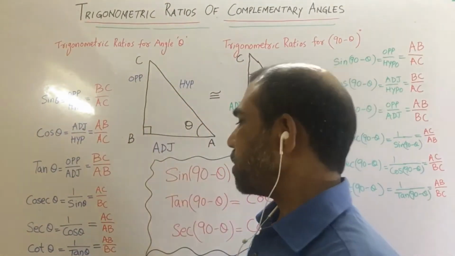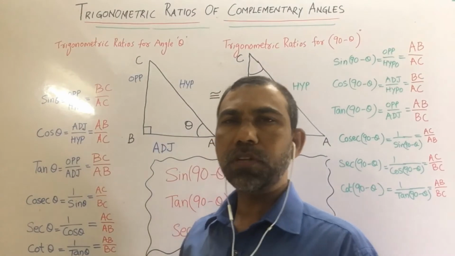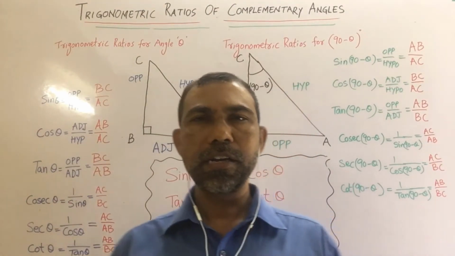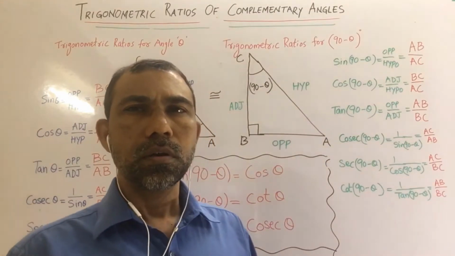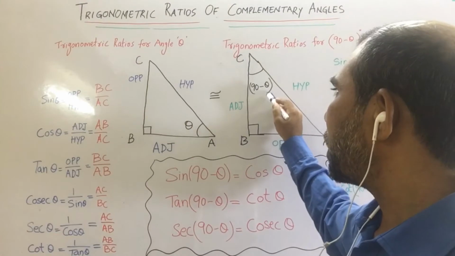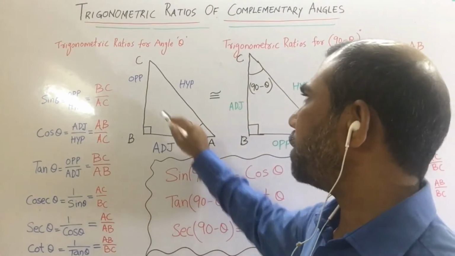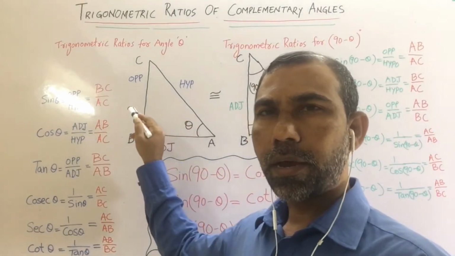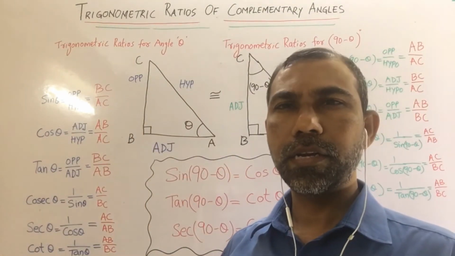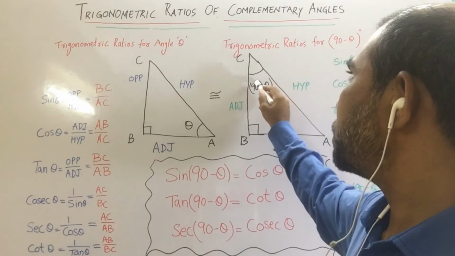The total sum of the three angles in a triangle is 180 degrees. So, angle C will be 90 minus theta. Whenever you add up all these three angles, you will get a total of 180 degrees.